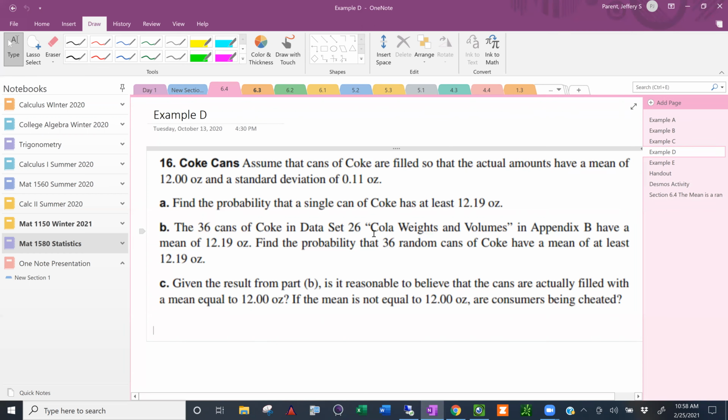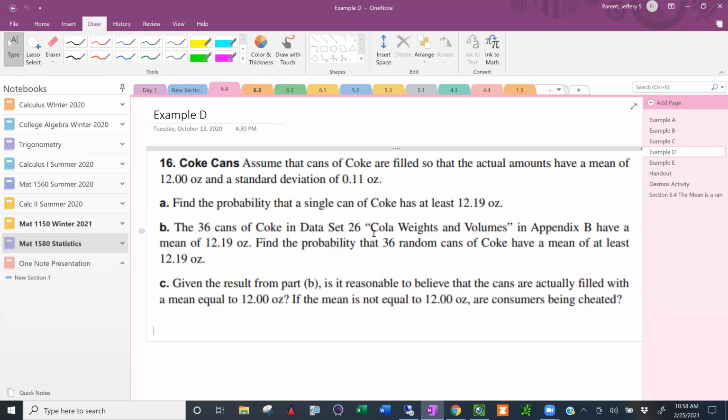So let's warm up with part A. And looking at part A, let me note for ourselves that Coke cans are filled so that they have a mean of 12 ounces and a standard deviation of 0.11 ounces. So example D. Now they don't say anything about this being a normal distribution, but we're going to have to assume it's a normal distribution.